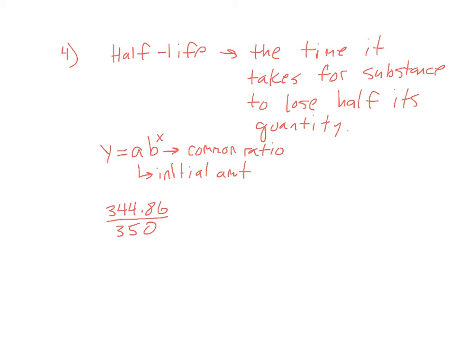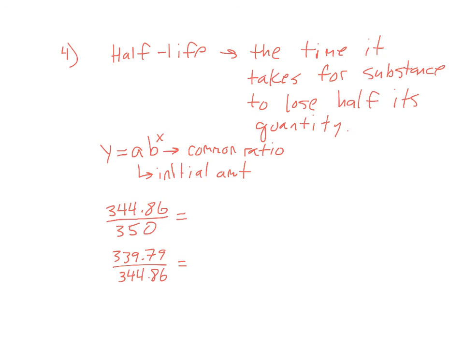That gives me then my common ratio, and I would do it again for the next set as well. So I would do 339.79 divided by 344.86, and if they're all the same, that's my common ratio.